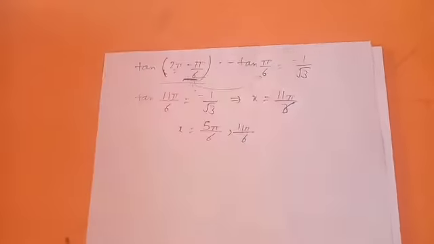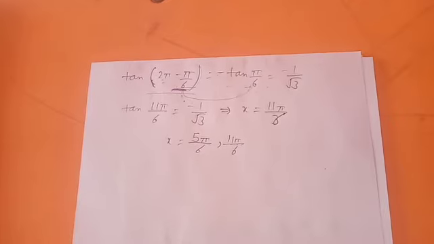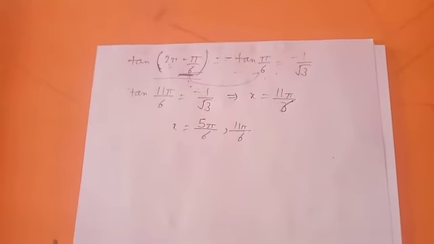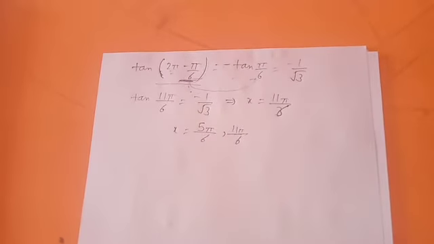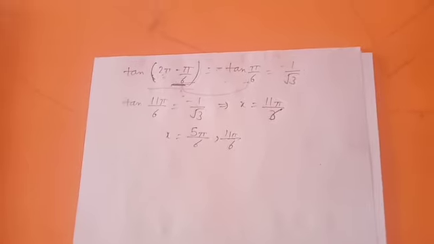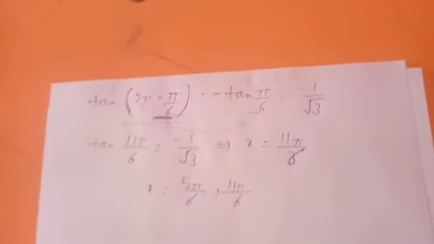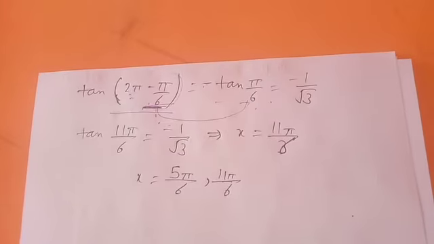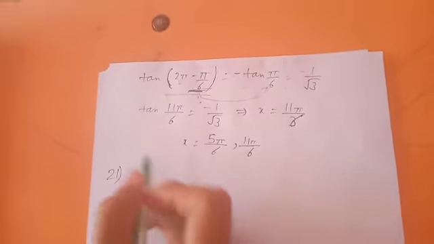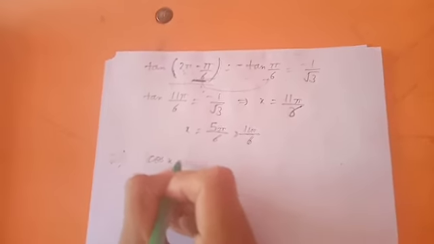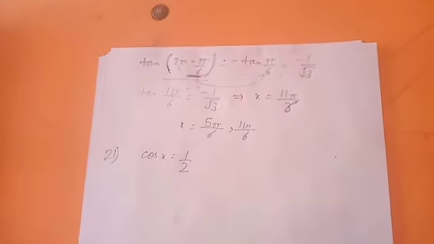So in this way we can find the principal solutions. Now if you want to find general solutions, how will you find that? You can find it by taking example 21. Example 21 is cos x is equal to 1 by 2.